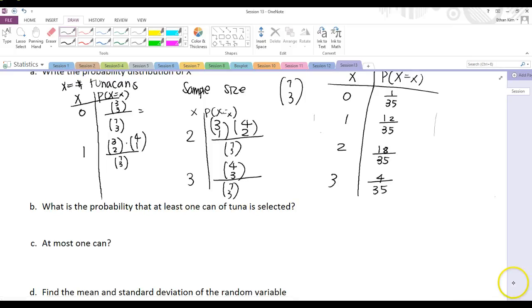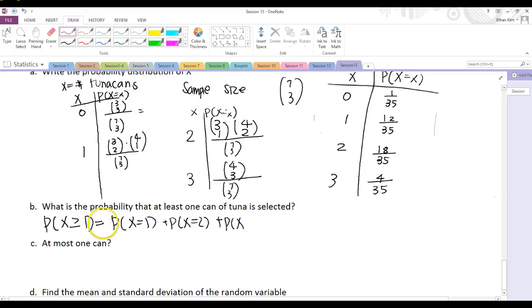What is the probability that at least one can of tuna is selected? This is asking for the probability that x is greater than or equal to 1. And this is going to be the probability of x equals 1 plus x equals 2 plus x equals 3, right?